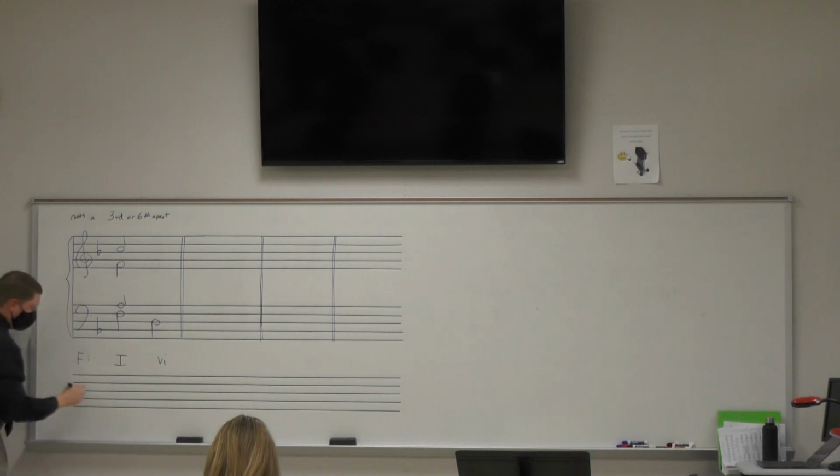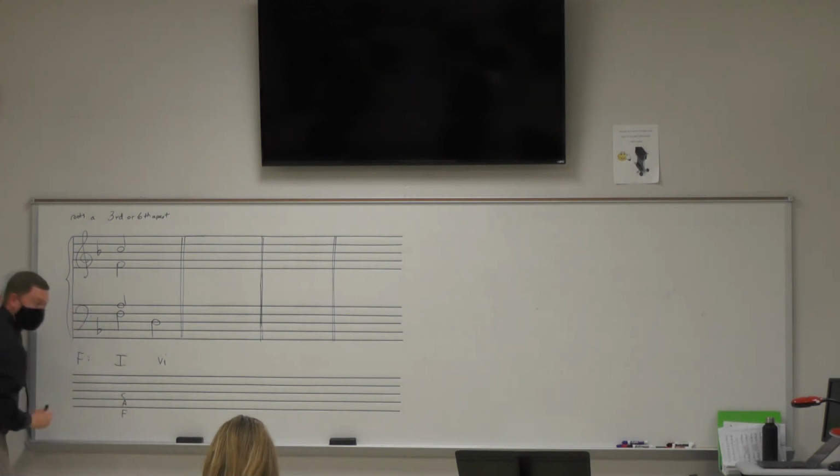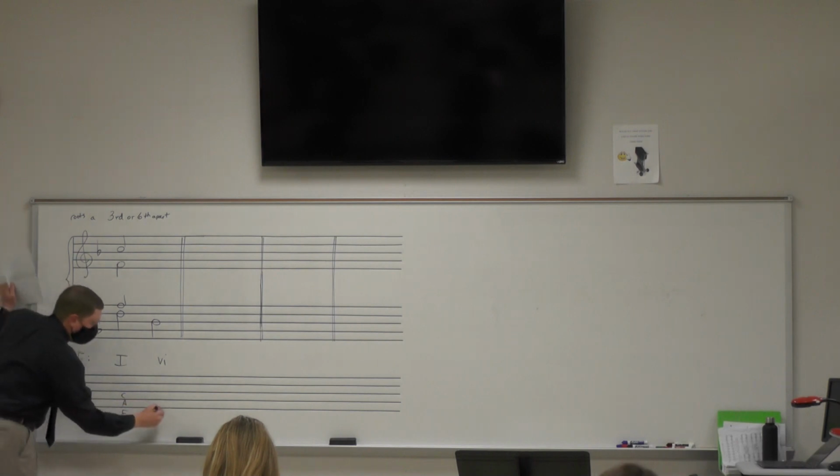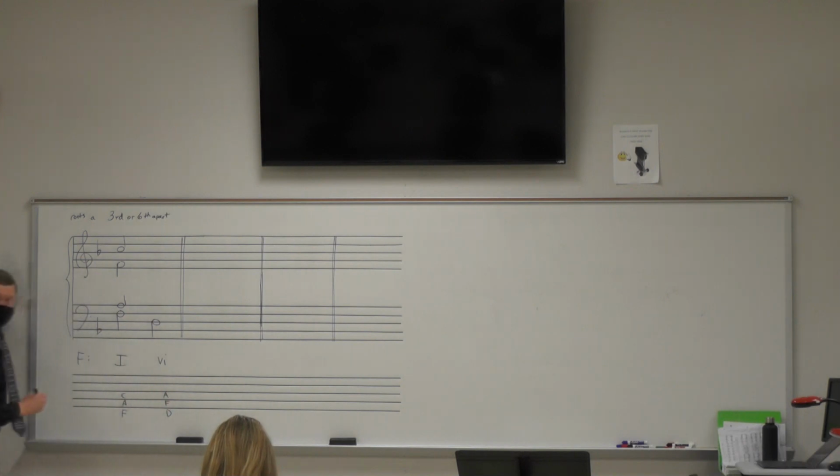Okay, so we know that the I chord in F major is F, A, C, and hopefully we can figure out that a vi chord in F major includes the pitches D, F, and A. Now, what are the two pitches that are shared between these two chords?